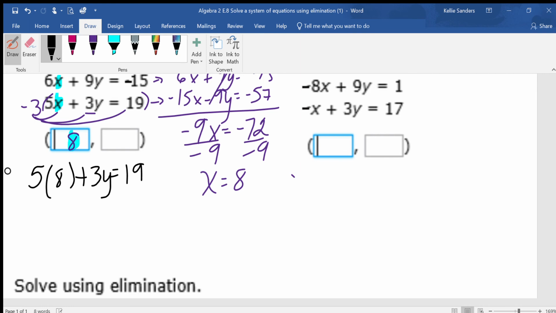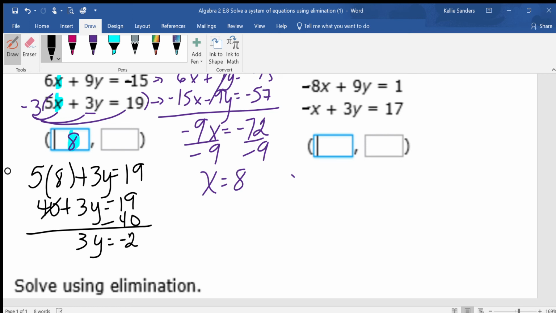So the 8 went into the x. 5 times 8 is 40, plus 3y equals 19. 19 minus 40 is negative 21. Divide by 3, and you get negative 7.